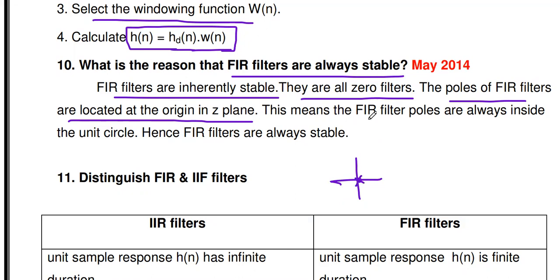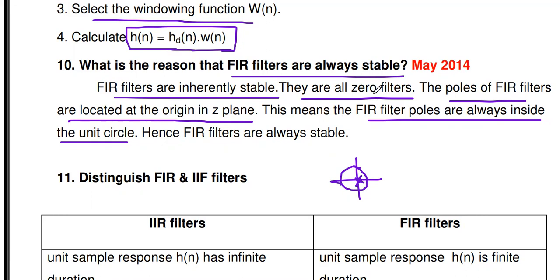So this means the FIR filter poles are always inside the unit circle. We studied in signals and systems, to check whether a system is stable in terms of the Z transform, the property: if all poles lie within the unit circle in the Z plane, then the system is called a stable system. Here FIR filters are all zero filters.